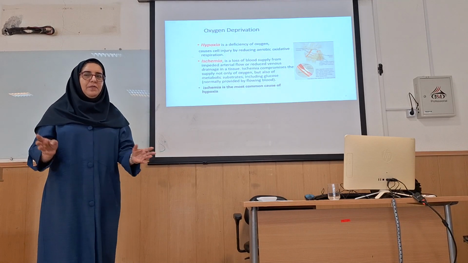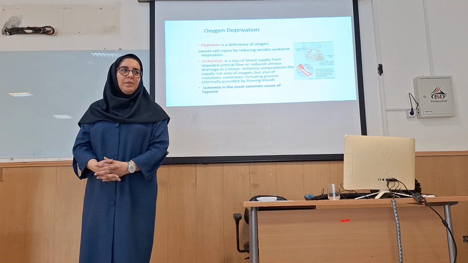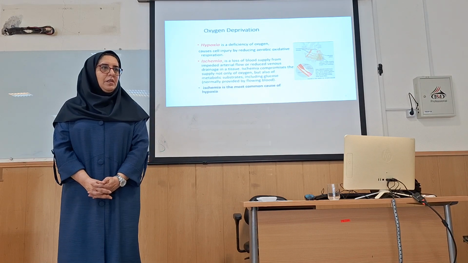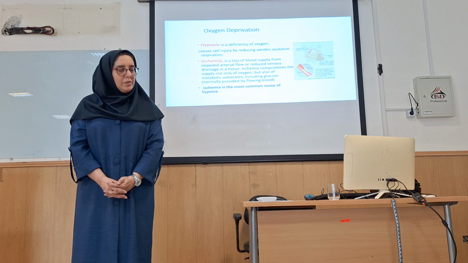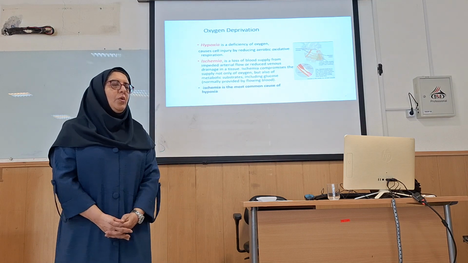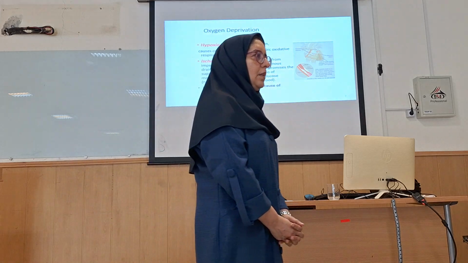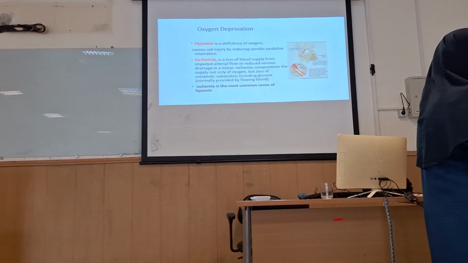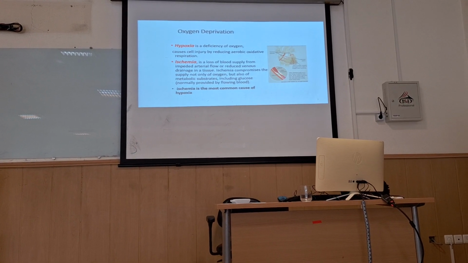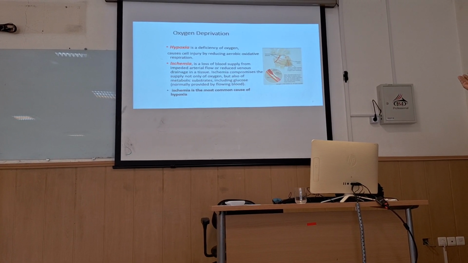What is the difference between hypoxia and ischemia? Hypoxia is deficiency of oxygen, but there is a little. Okay. But in ischemia, there is no oxygen. Okay. In ischemia, we have loss of blood supply.